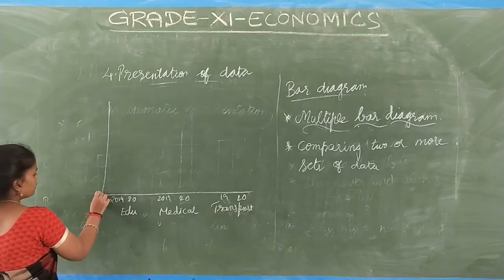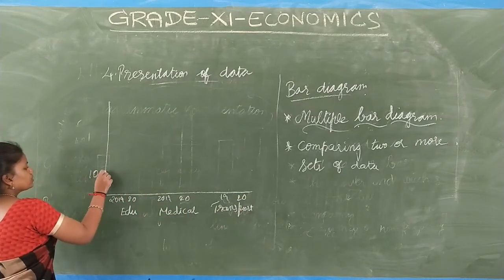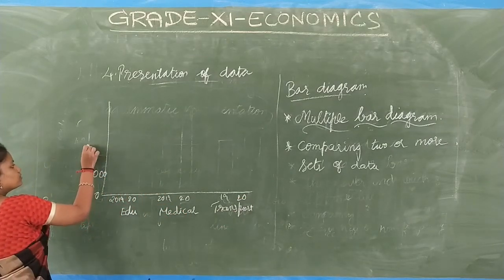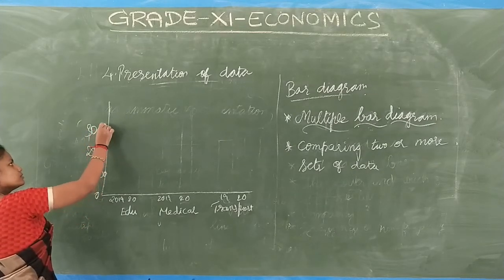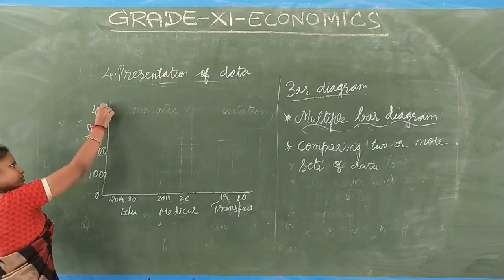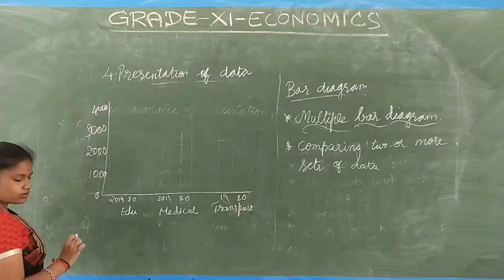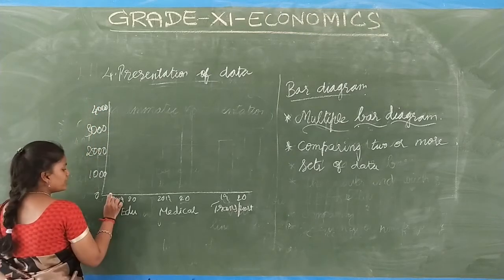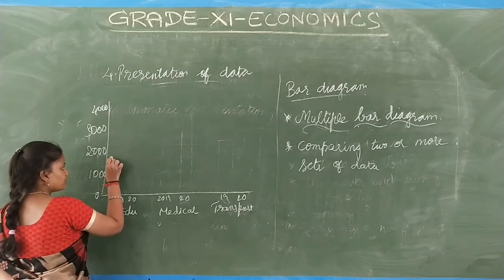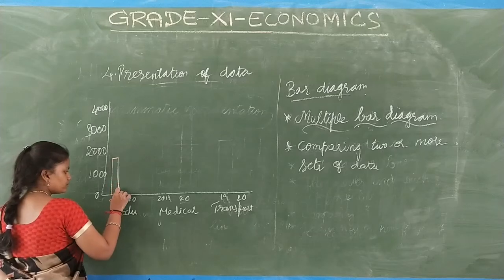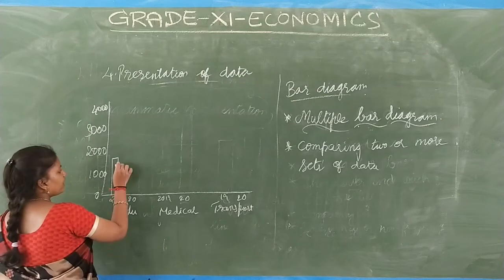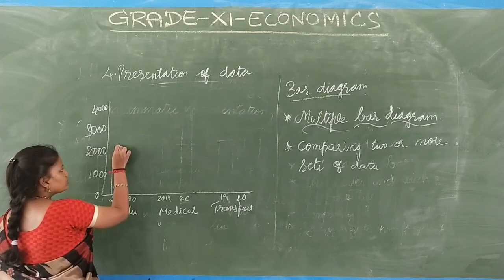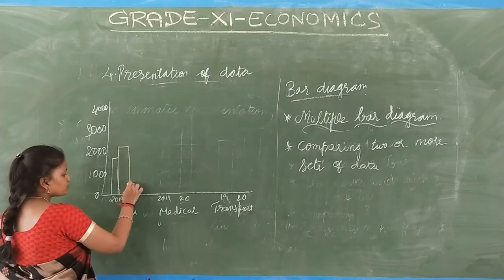Fine. So from here, 1000 rupees, 2000, 3000 and 4000. So in 2019, in our family for education, we have spent 1500. In 2020, we have spent 2000 rupees.